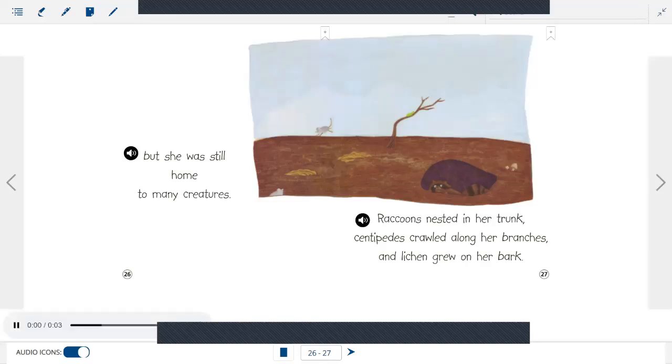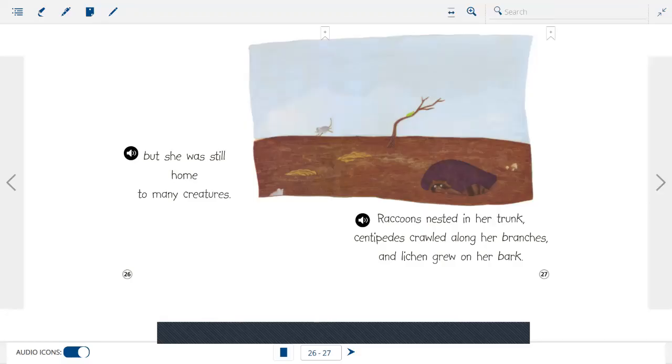But she was still home to many creatures. Raccoons nested in her trunk. Centipedes crawled along her branches, and lichen grew on her bark. All right, let's listen as I reread to find out what lives in the grand old tree now.